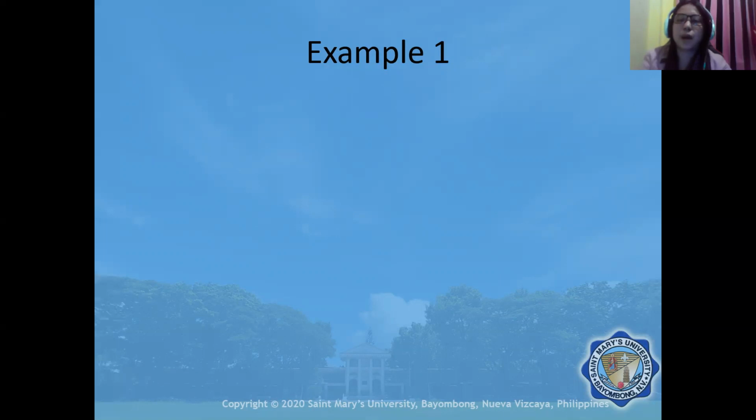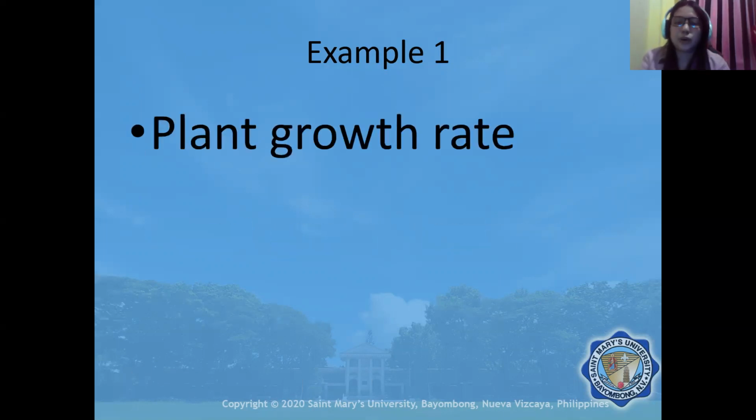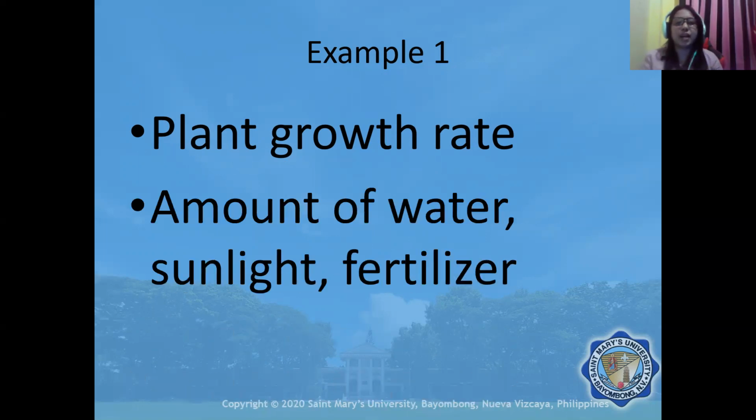So let's have example number 1. Example number 1 has something to do with plant growth rate and the amount of water, sunlight, and fertilizer. In this example, let us have a simple experiment that has something to do with the different types of fertilizers.